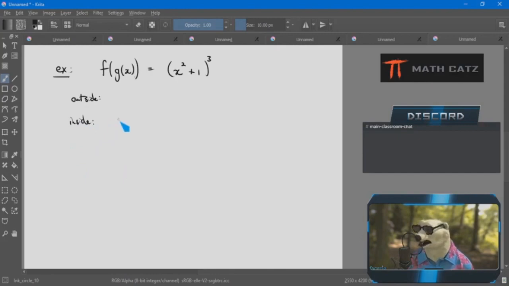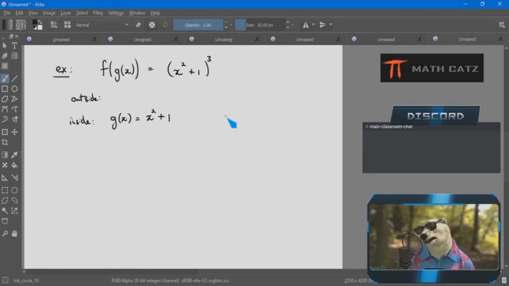It doesn't mean you have to. But very often it's a little bit easier to spot the inside function. The inside function in this case is going to be x squared plus 1. The brackets sort of give it away, and that's often the case, but not always.